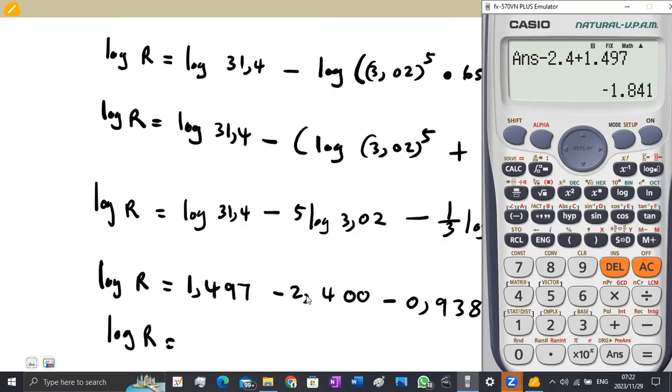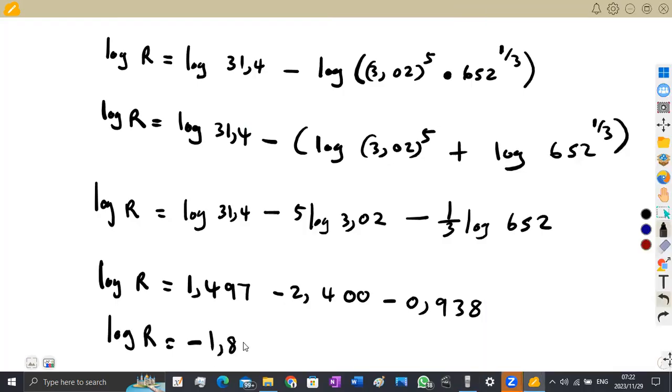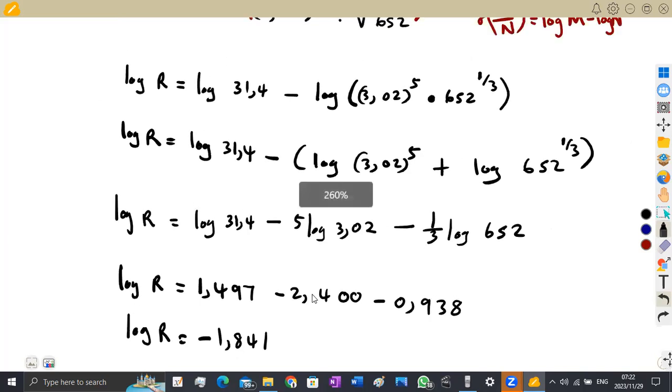Just add up everything. And this is going to give us a negative 1,841. All right, so the idea here is to find the value of r.